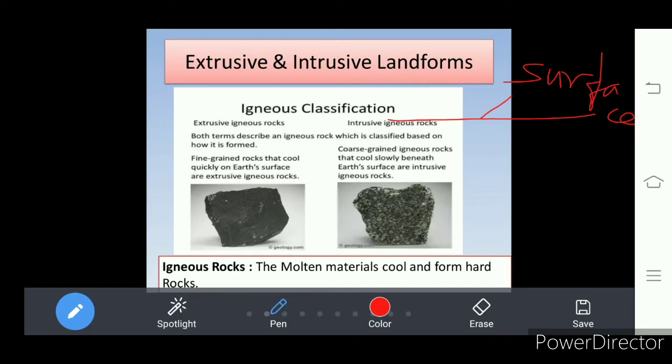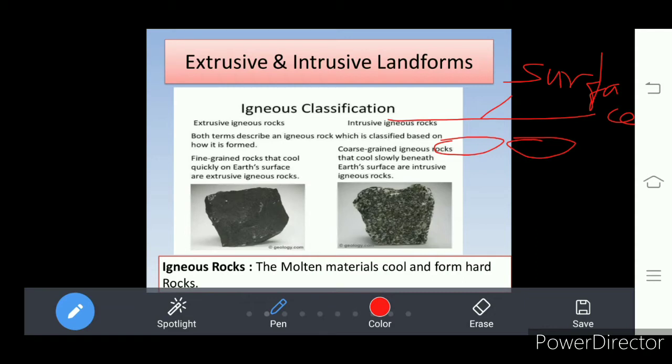So some kinds of landforms are formed under the earth surface, and those are called intrusive landforms. Understand?